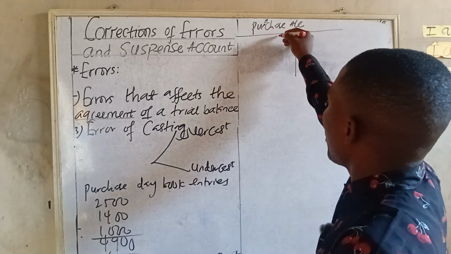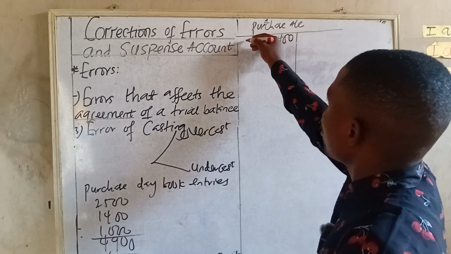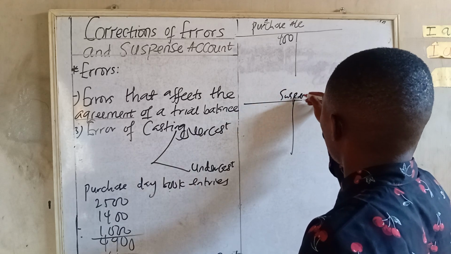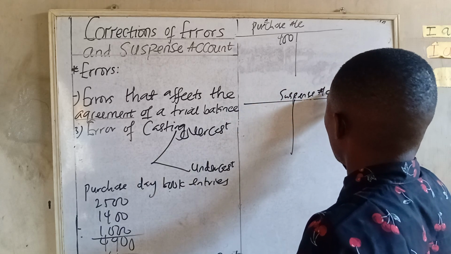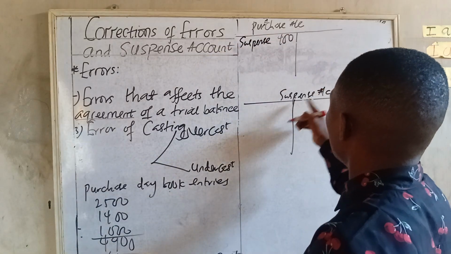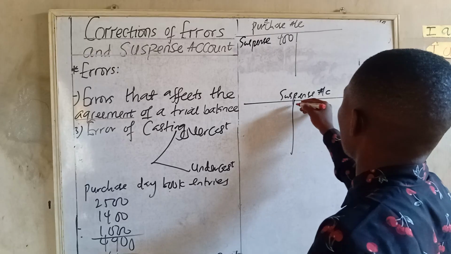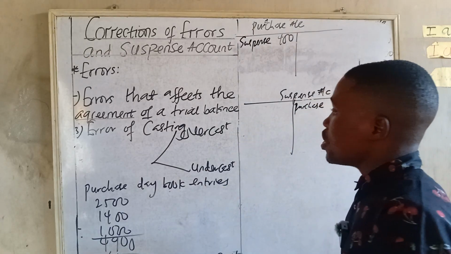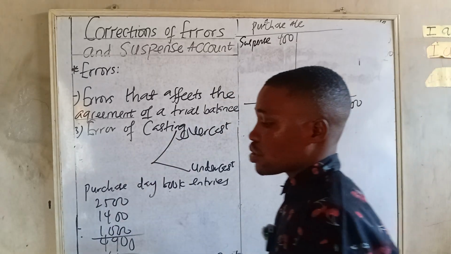So we come here, we add the 400 back. So the corresponding account should be the suspense account. So we have suspense 400. Then we come here, write 400. We have purchase.